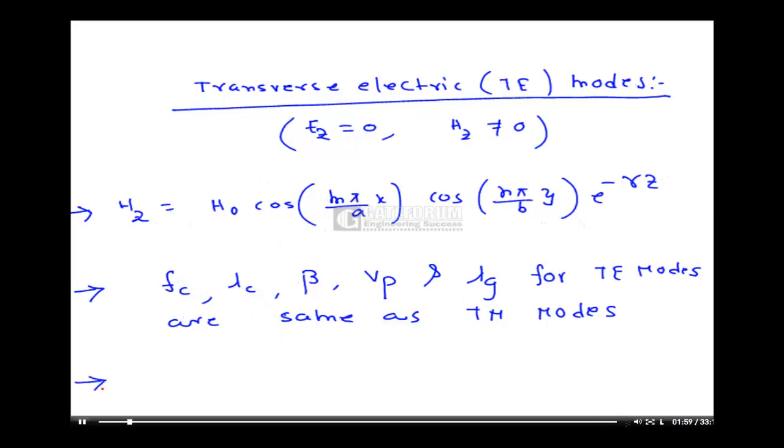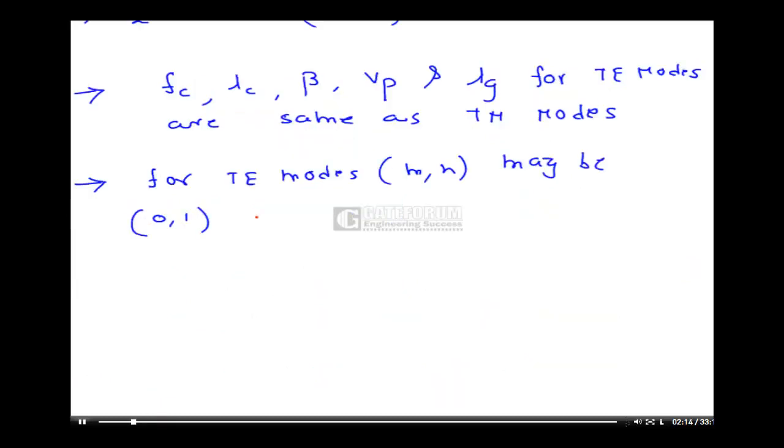Another third important point is, for TE modes, mn may be 0, 1 or 1, 0, but not 0, 0.